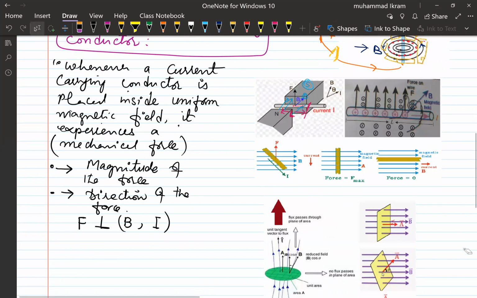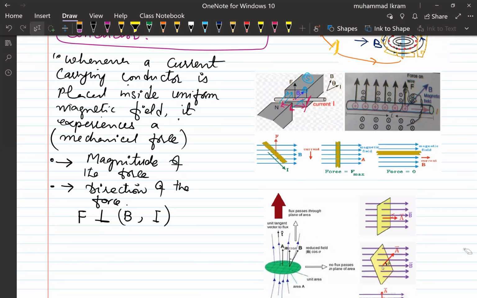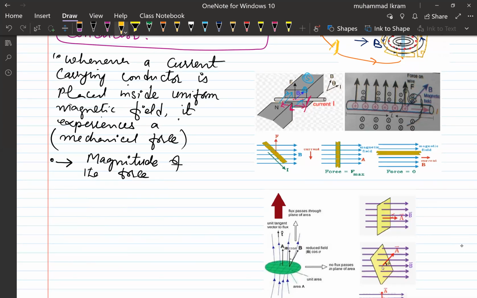Understand? Now let us come to the magnitude part. So here you see, if you apply the right hand rule on this magnetic field, this is the diagram from your book. Here the magnetic field is into the paper, the cross shows into the paper, right? And the current is in this direction.